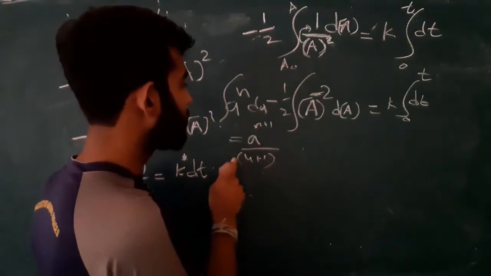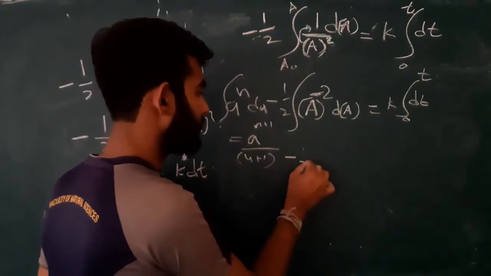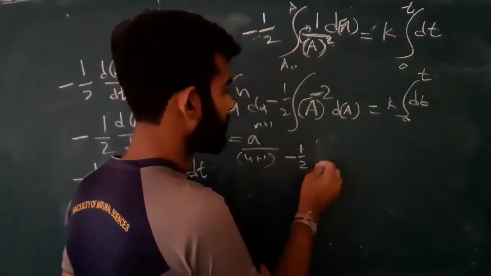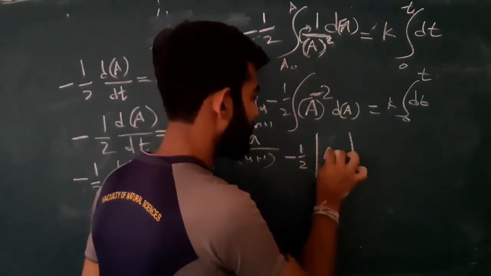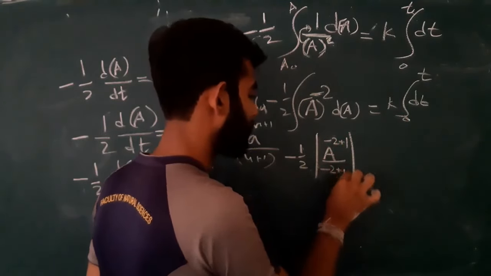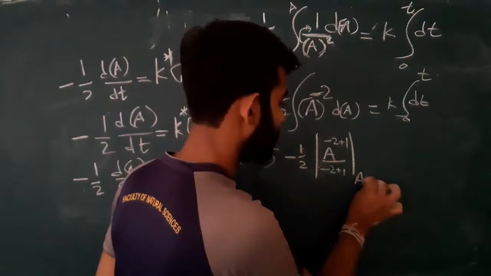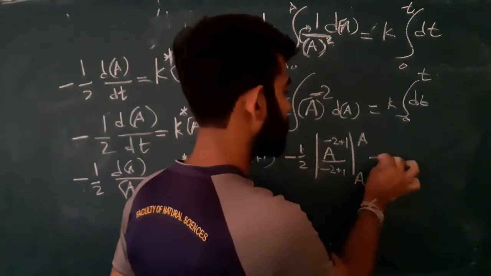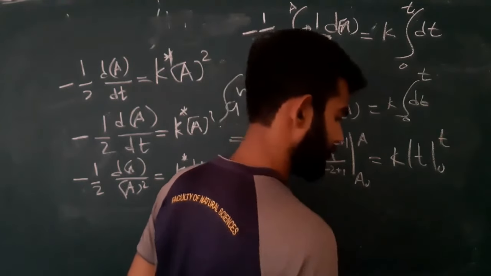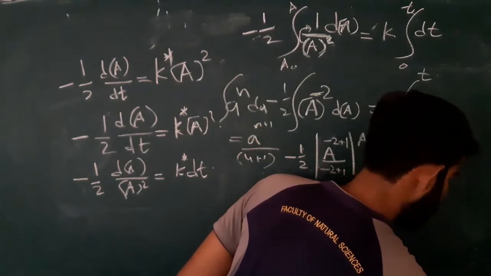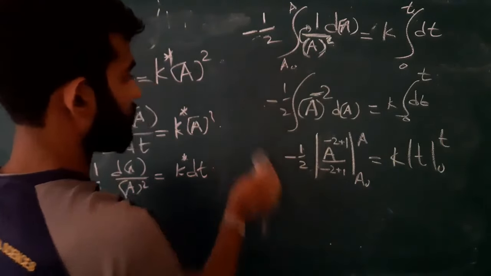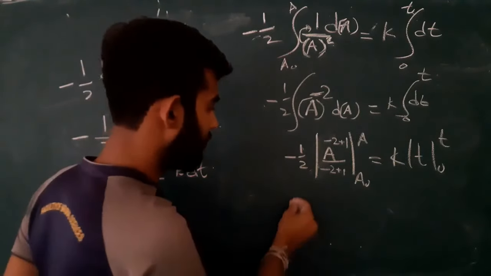Now I can apply this power rule. How? Minus half. After integration I will get A to the minus 2 plus 1 divided by minus 2 plus 1, limits A naught to A, equals k star after integration, t from 0 to t. Okay, what will be the answer?